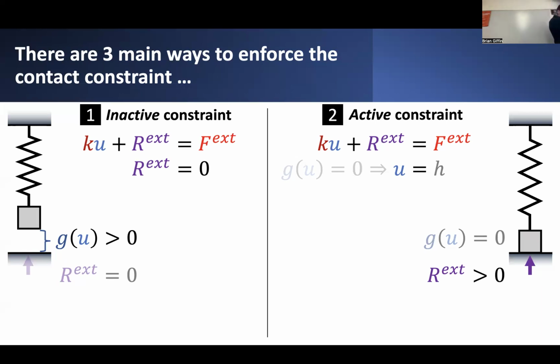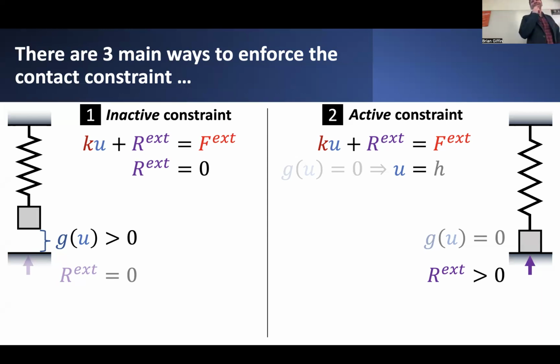Conversely, if I have contact between the block and this rigid surface, I call that an active constraint condition, where I'm actively enforcing a constraint that the gap has to be equal to zero. And that's the equation that I actually have to solve to determine the displacement. So under one of these two binary conditions, I need to introduce some additional equation to solve for. In the case of an inactive constraint, the constraint is imposed directly on this reaction force.